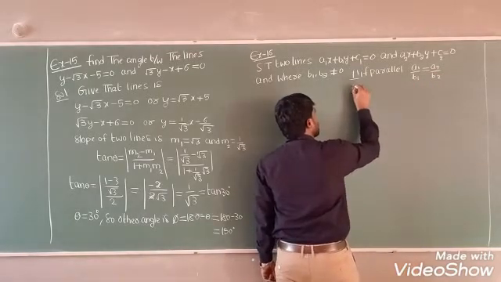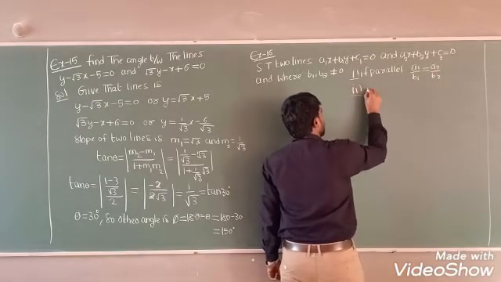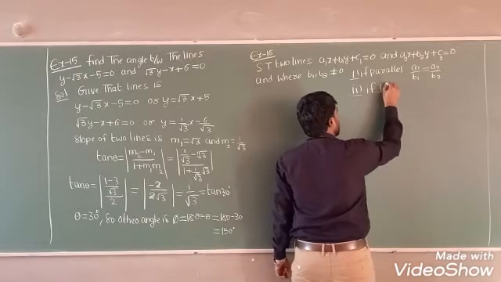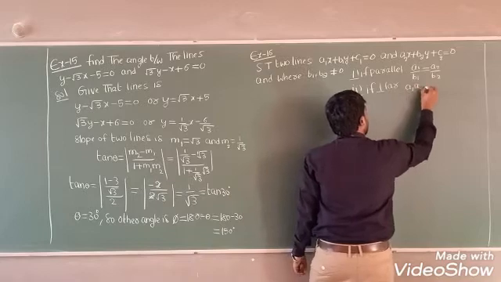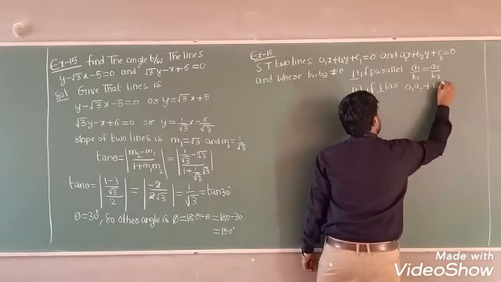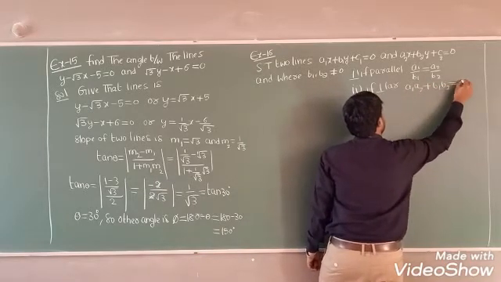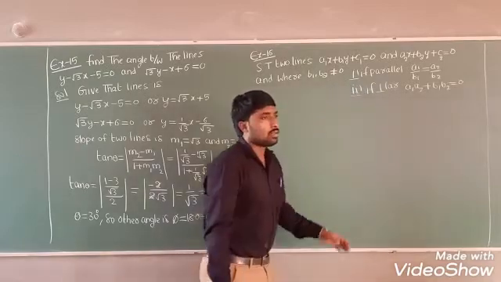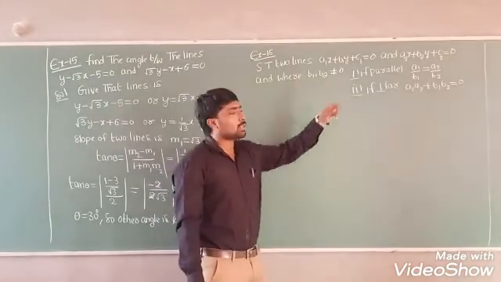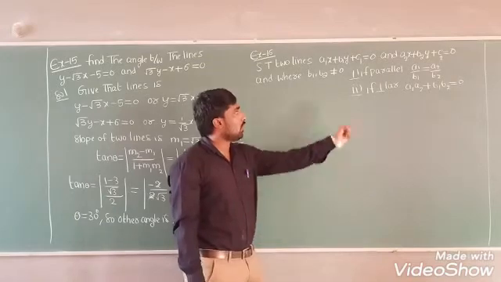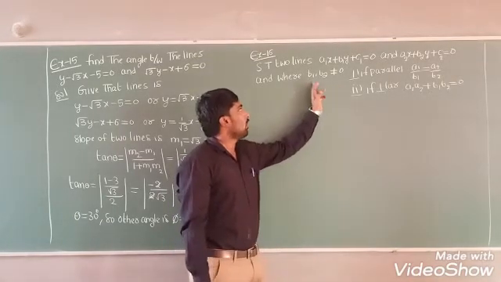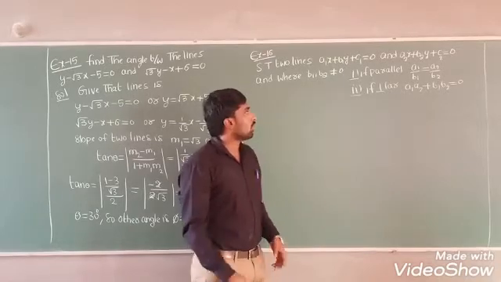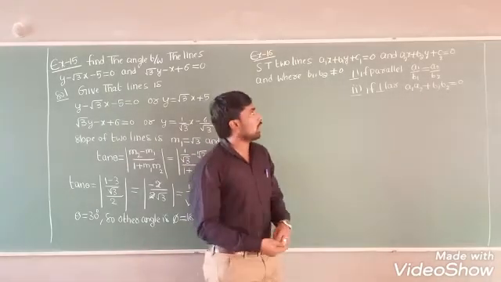The second question: if they are perpendicular, prove that a1 a2 plus b1 b2 equal to 0. This is the question they are asking.